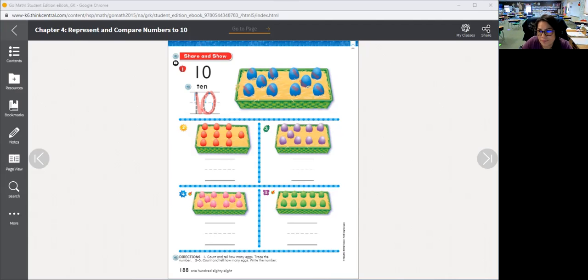Okay. Ready? I'm gonna touch them and you count them. 1, 2, 3, 4, 5, 6, 7, 8, 9, 10. How many do we have? Did you say 10? Yes. Yeah. 10. Thank you, Maggie.